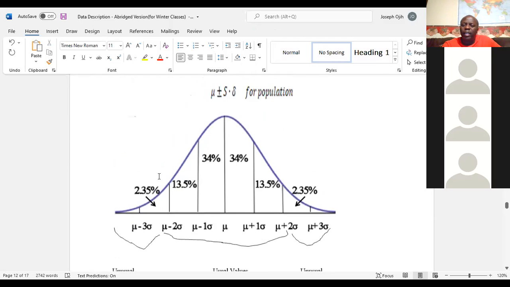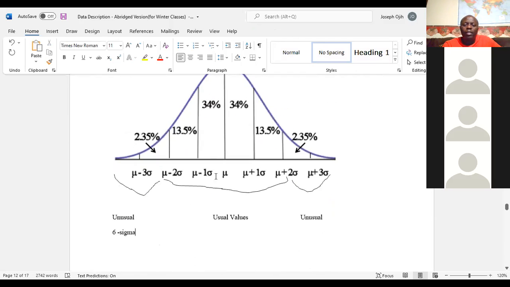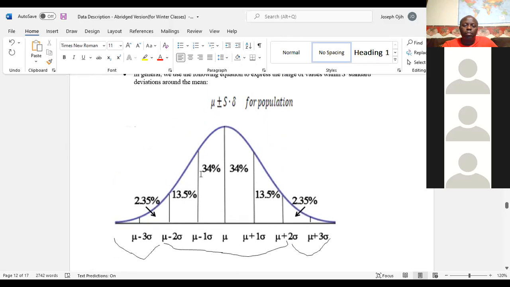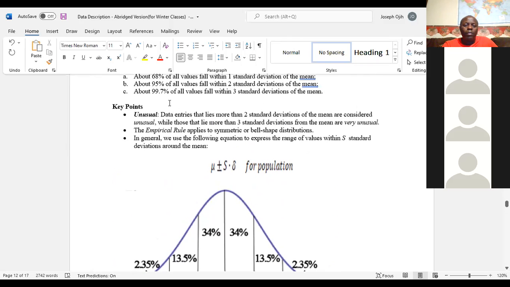Now, I want you to notice one thing again. What you have on the right side is the same thing you have on the left side, except that on the right side we use plus, and on the left side we use minus, and in the center we have only the mean. Don't forget it's general for symmetric distributions.